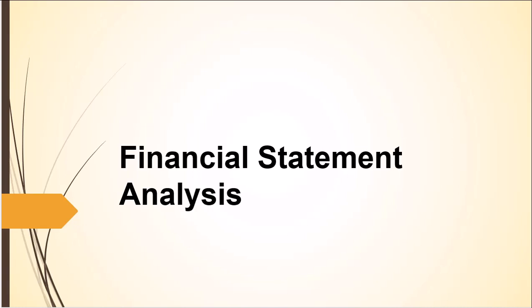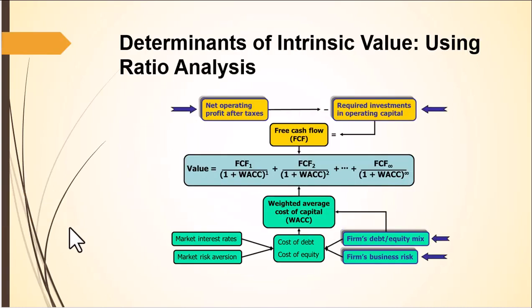So when we think about analyzing, let's get away from thinking about there's a set of numbers. Let's think about what do the numbers tell us. So we're ultimately working our way to try to talk about intrinsic value. So what does that mean?